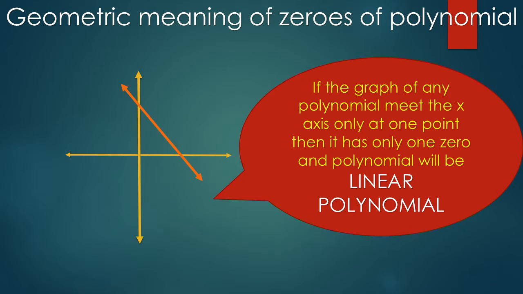If the graph of any polynomial meets the x-axis at only one point, then we have 1 zero, and it is called a linear polynomial. Remember, in a linear polynomial the line will always be a straight line and it will touch the x-axis at 1 point.